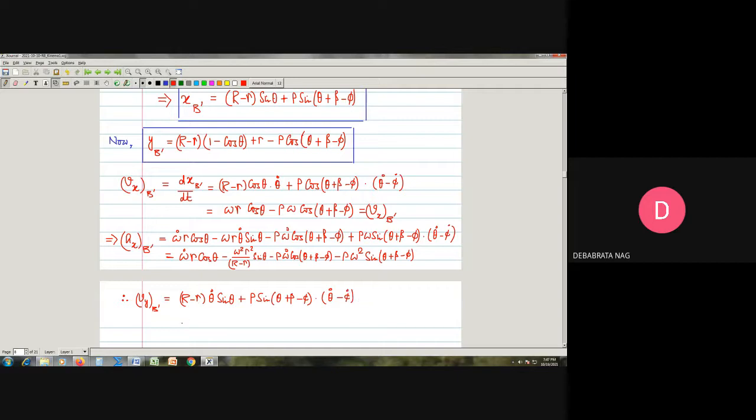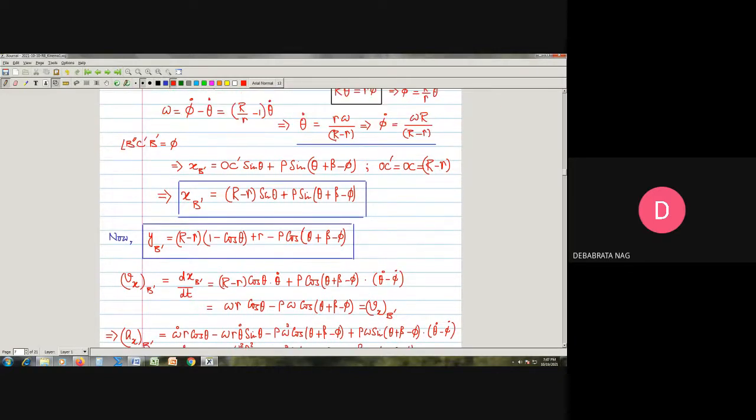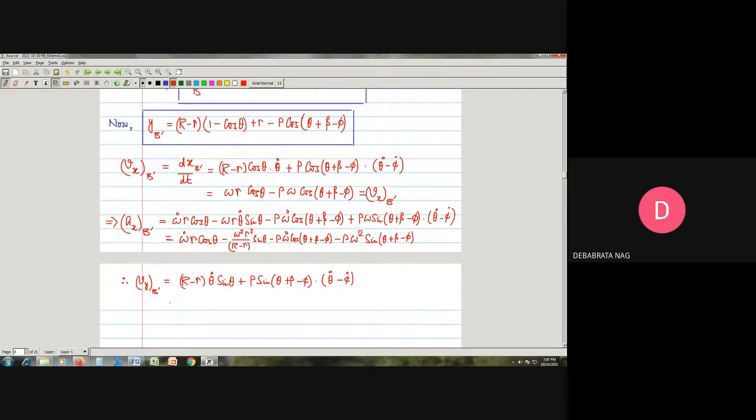If we further simplify it, remember this theta dot expression. Once again we just remember this expression, theta dot into (R minus r) is small omega times r. So again we can have that privilege. So it becomes omega into r into sine theta.